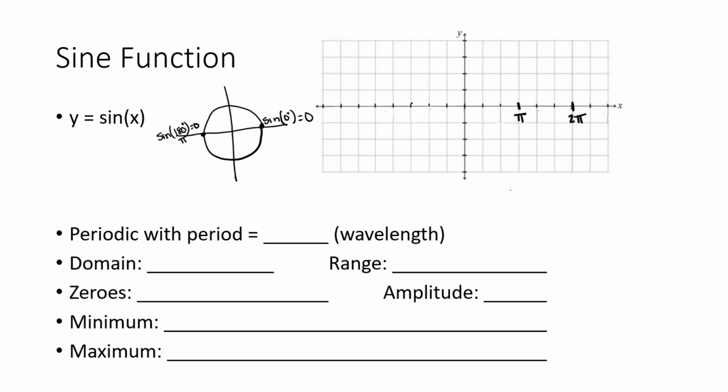Pi is an irrational number, so I'm never going to get it precisely on a grid if I try to count by ones or twos, so I just mark it. As long as the grid is marked, we can make the scale whatever we want it to be. I can even make the y scale different from the x scale.